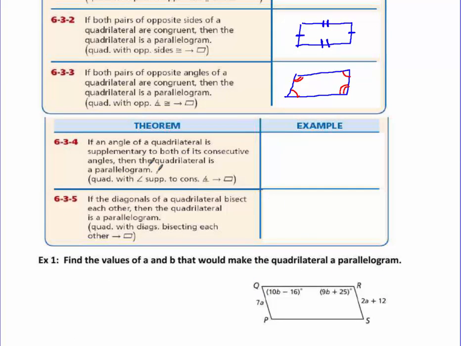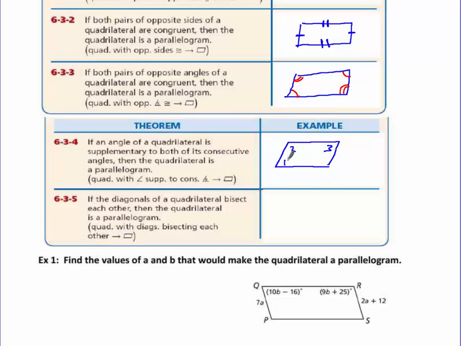All right, next one, if an angle of a quadrilateral is supplementary to both its consecutive angles. So let's say we have our parallelogram shape. Oh, that's a pretty good one, huh? And it has angle 1, angle 2, and angle 3.